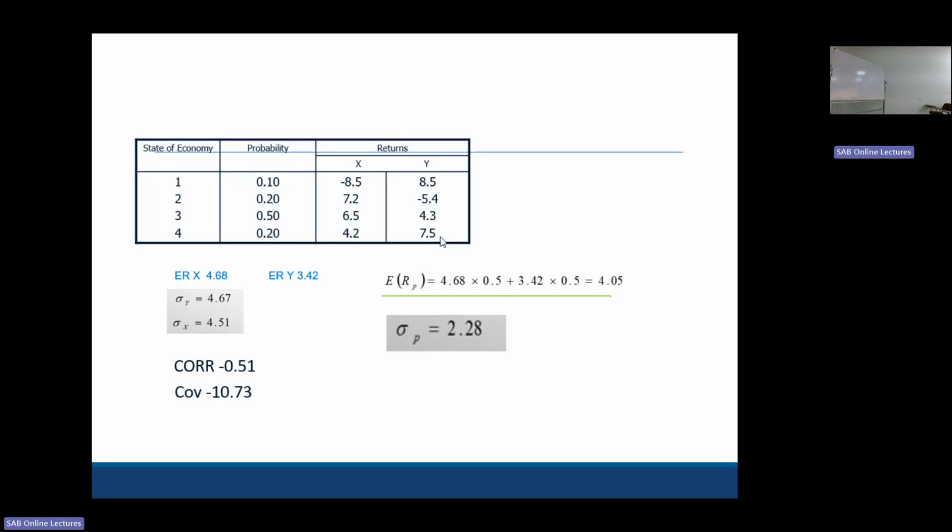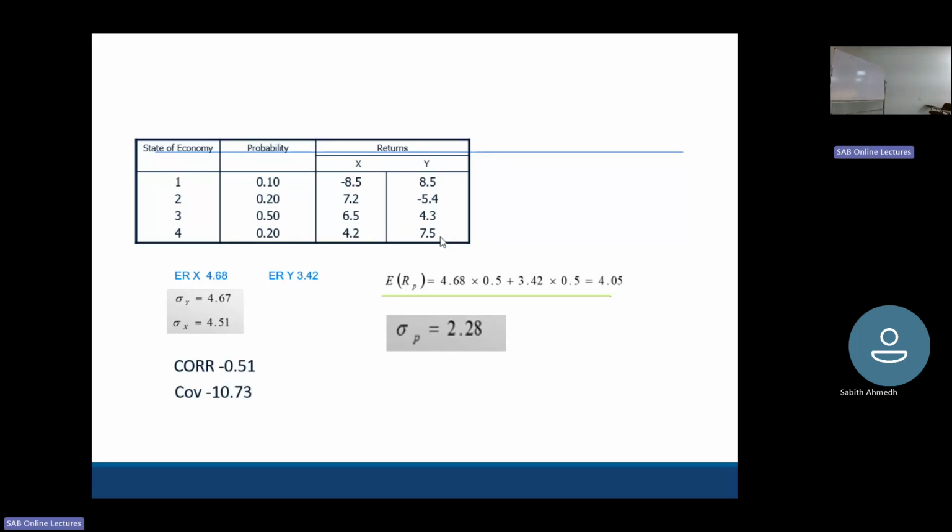If X increases by 1%, then Y decreases by approximately 0.5. I explained this actually. So by looking at this correlation coefficient, you can say the direction of the movement as well as the size of the movement.